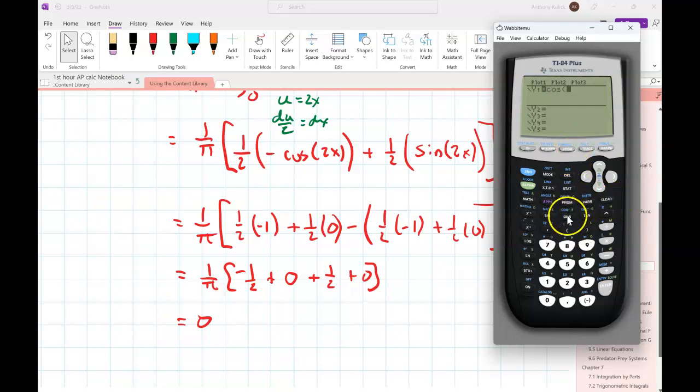All right, so then to do part B, I'm just going to do cosine 2x plus sine 2x and graph that from 0 to pi. And probably just need to go from -2 to +2. And let's see where we got zeros. So I have one answer here and one answer there, right?